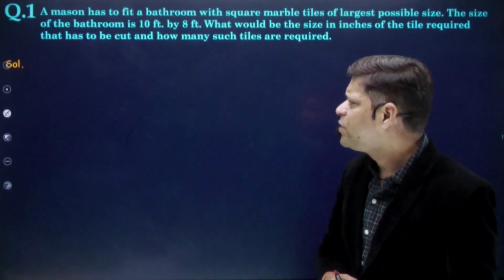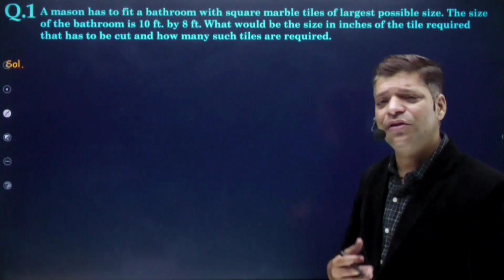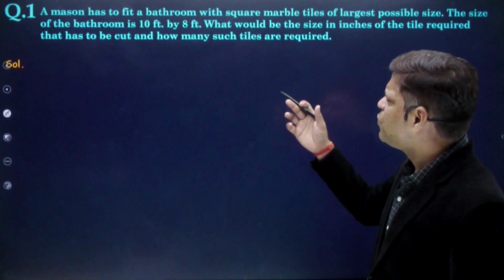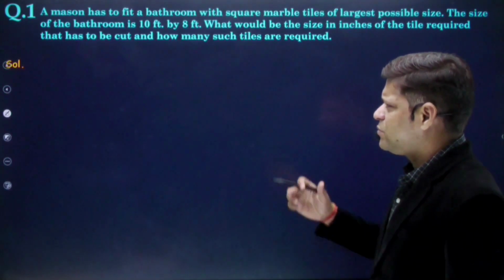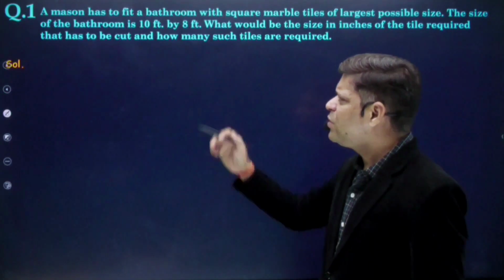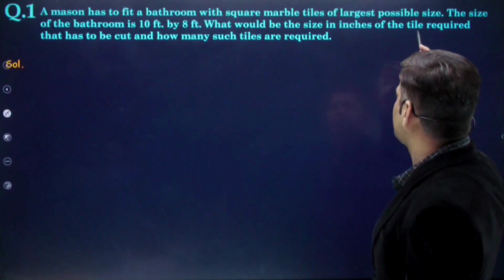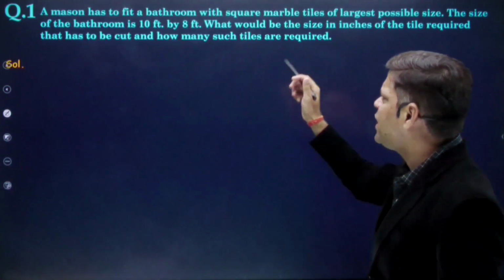The next question, or the extra question, is given based on an application of the fundamental theorem of arithmetic. Amazon has to fit a bathroom with square marble tiles of the largest possible size. The size of the bathroom is 10 feet by 8 feet.